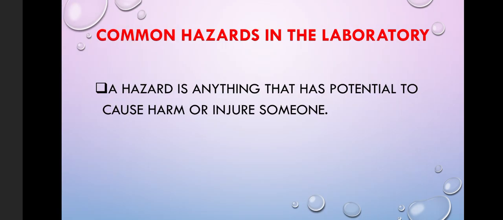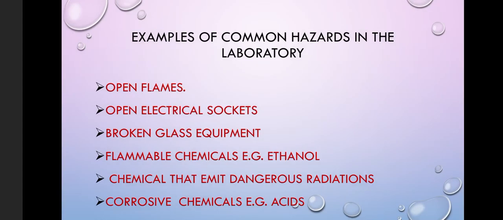Learners, I want you to understand that the lab has some dangers within it. Some of these dangers, we normally call them hazards, and a hazard is anything that has potential to cause harm or injure someone. We are going to discuss examples of hazards that we can encounter in the lab.